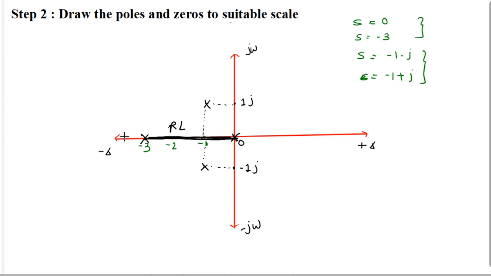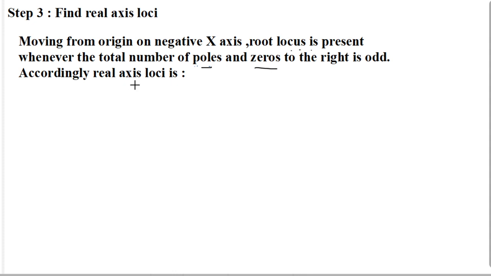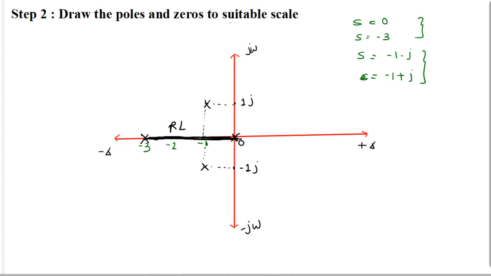So here root locus is not present, between minus 3 and 0. Accordingly, we can write that the real axis loci is present between minus 3 less than sigma less than 0. Here minus 3 to 0 is the root locus portion.